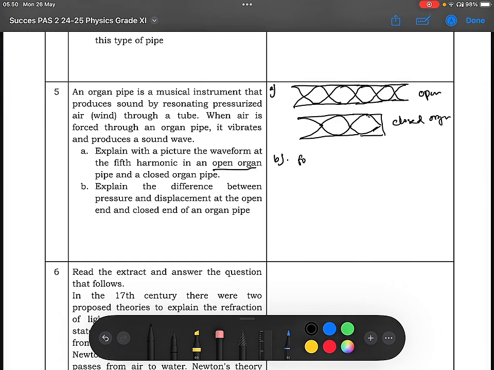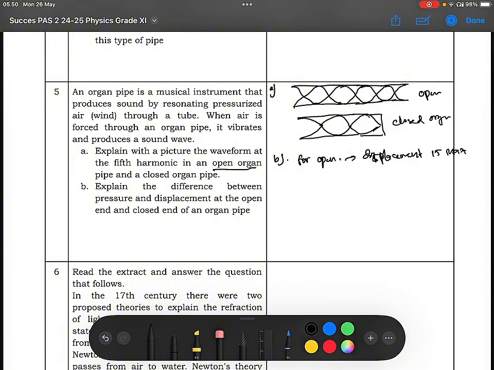For the open end, I think you can see in the answer of E, the displacement is maximum.